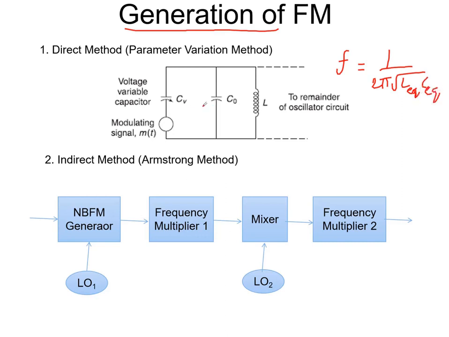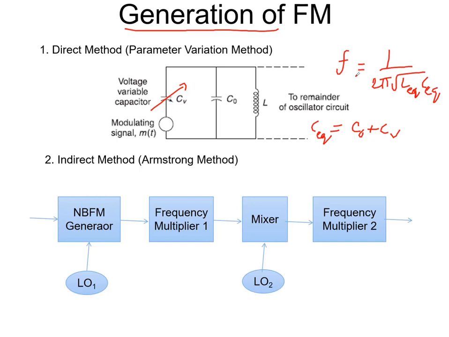Here the two C's are in parallel, so you can write C naught plus Cv as your C equivalent. Whenever Cv is varied with the help of a message signal, with L and C naught constant, you get different oscillations and outputs. That is the direct or parameter variation method.